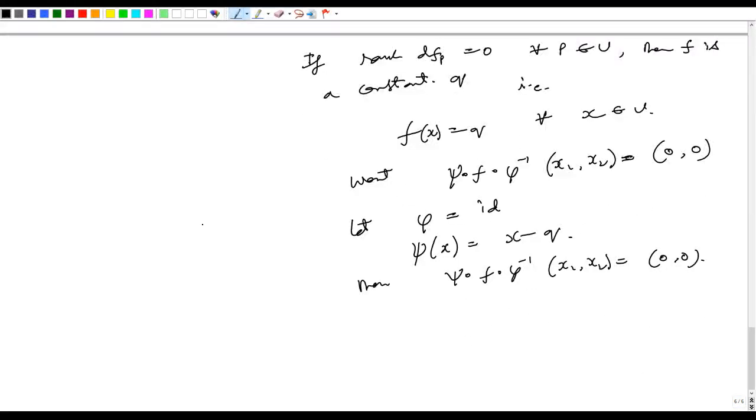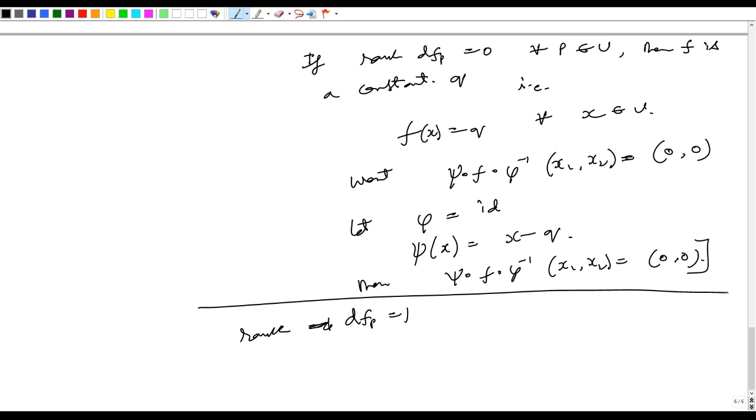So these are the easy cases, but the more interesting case is the rank 1 case. So let's see what the inverse function theorem has to tell. So here rank of the DFP equal to 1 for all P. So actually what one uses is not quite the inverse function theorem, but a closely related theorem, the implicit function theorem.